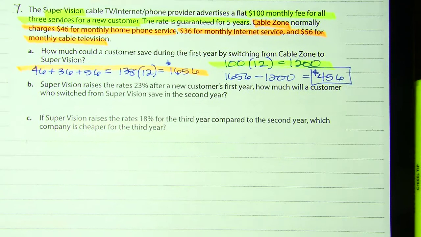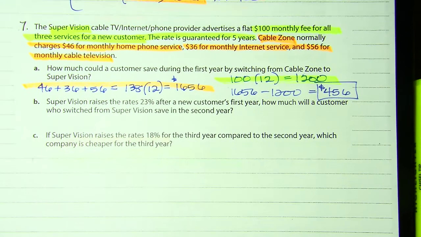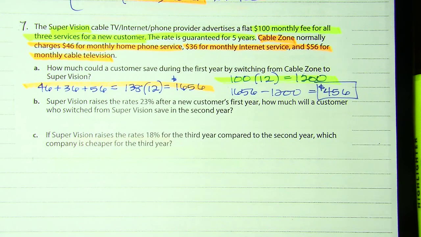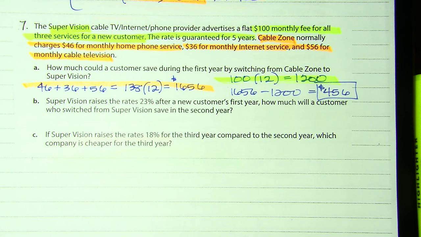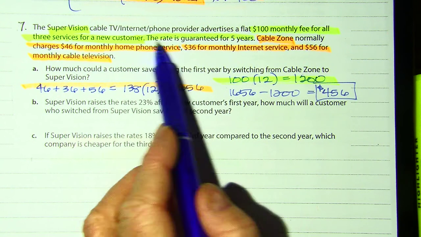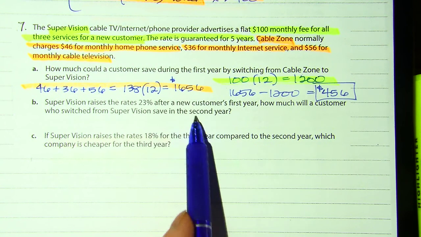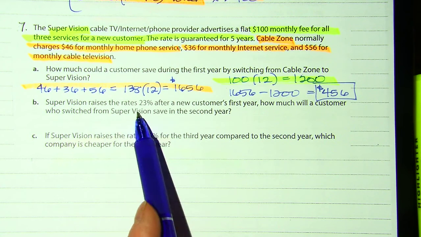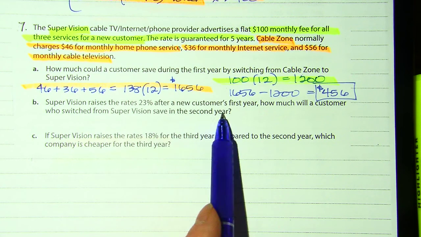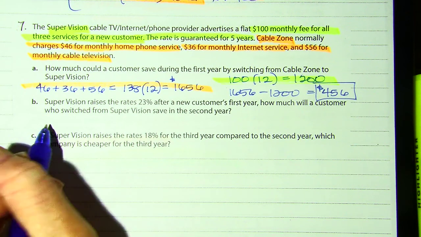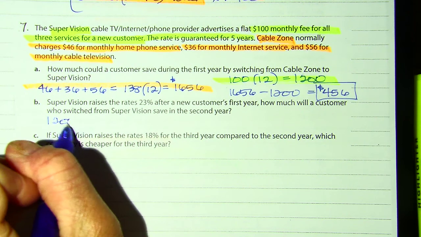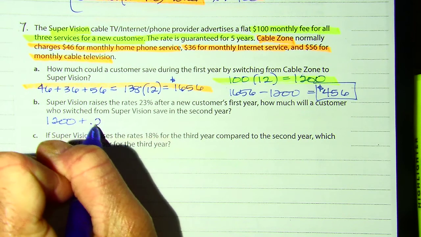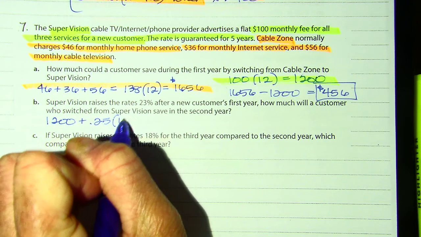Next, if Supervision, so that is the one I highlighted in yellow, raises the rates 23% after a new customer's first year. Now, this says the rate is guaranteed for 5 years, but here it's saying they raised it. How much will a customer who switched from Supervision save in the second year? So $1,200 plus a 23% increase. So you're adding because it's increasing.